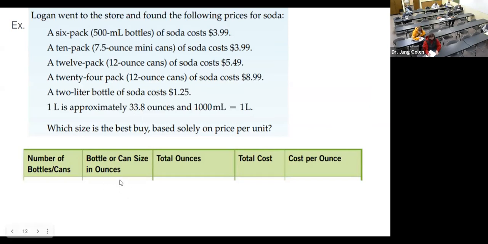Does it make sense? What comes here? This column for the first one? What did you guess? For the first one, a 6-pack of soda, that was 500 milliliters, so you need to write that in ounces. You need to convert the milliliters to ounces. What is it?